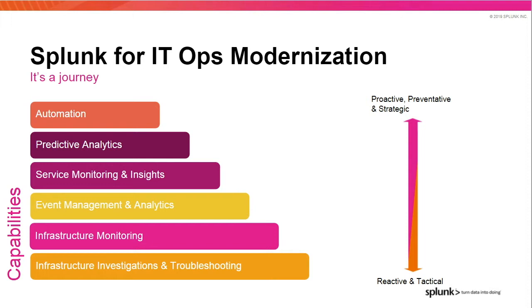So you need the ability to deep dive into raw infrastructure data to investigate and troubleshoot when you see things going wrong. So that's looking at your operating system, application logs, it's syslog from networks, it's authentication data, the list goes on. And this capability leads to overall faster mean time to resolution and faster, more effective root cause analysis.